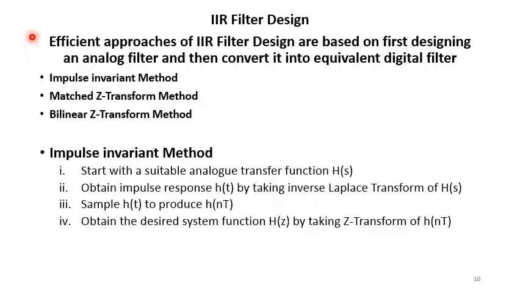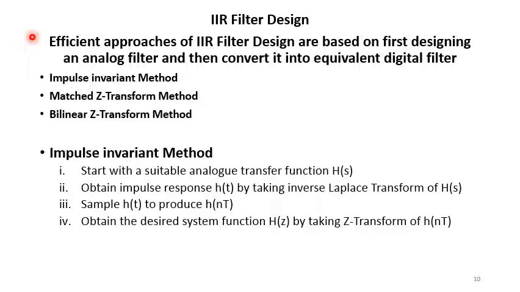The more efficient approaches for IIR filter design are those based on designing the analog filter first, and then converting it into an equivalent digital filter. Some of these approaches are the impulse invariance method, matched Z transform method, and bilinear Z transform method.